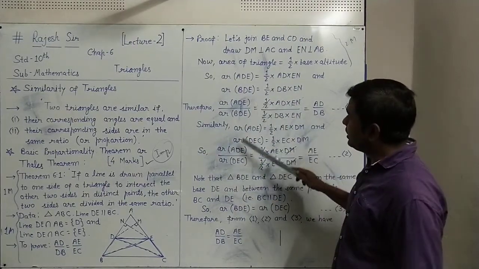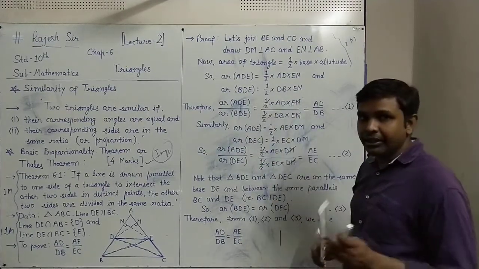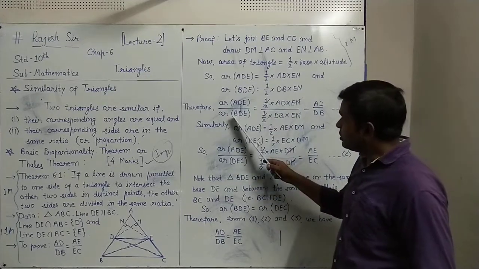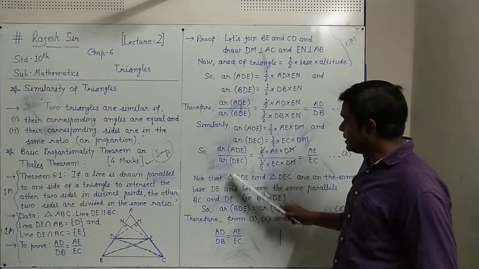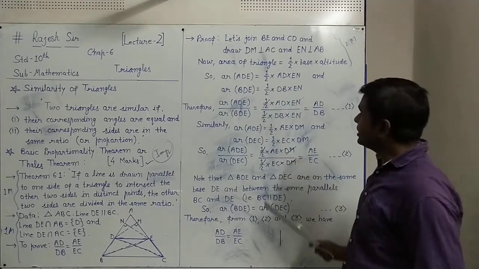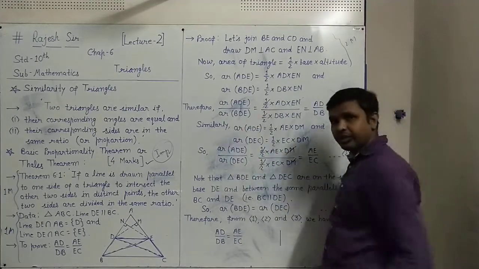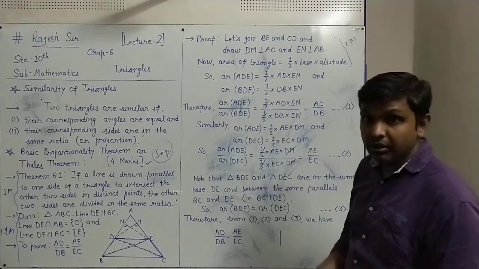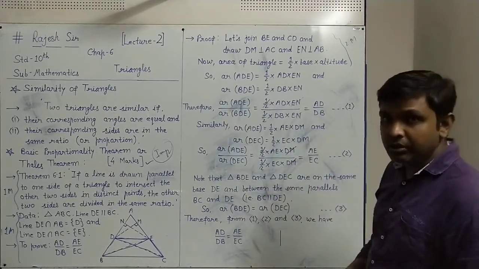Upper triangle and upper triangle are the same, so their areas are equal, and down also the two different triangles BDE and DEC have the same area, as in result 3. So from 1, 2 and 3, the left sides are equal.